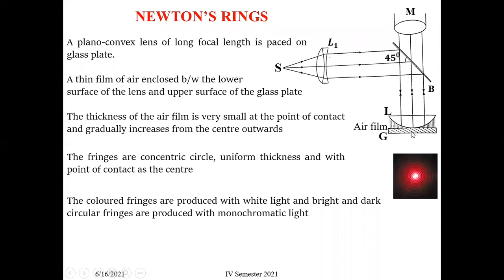You can also obtain a colored interference pattern if you are using a white light source. If you are using monochromatic light, you can get bright and dark circular fringes.